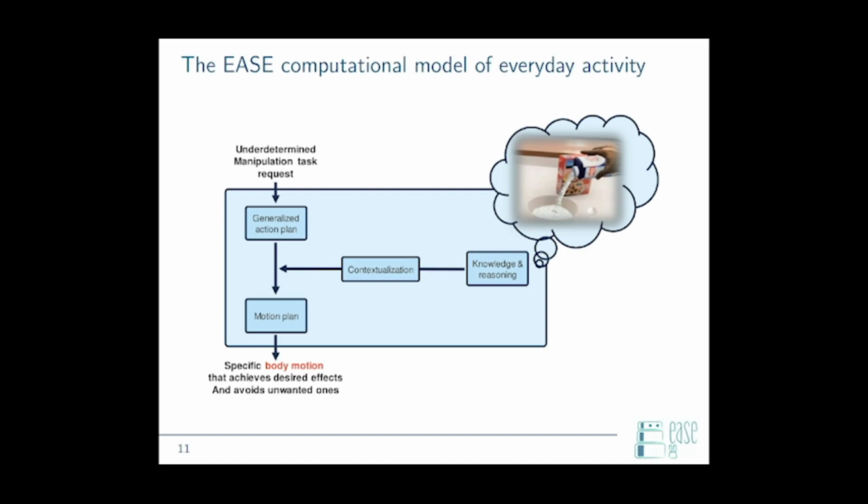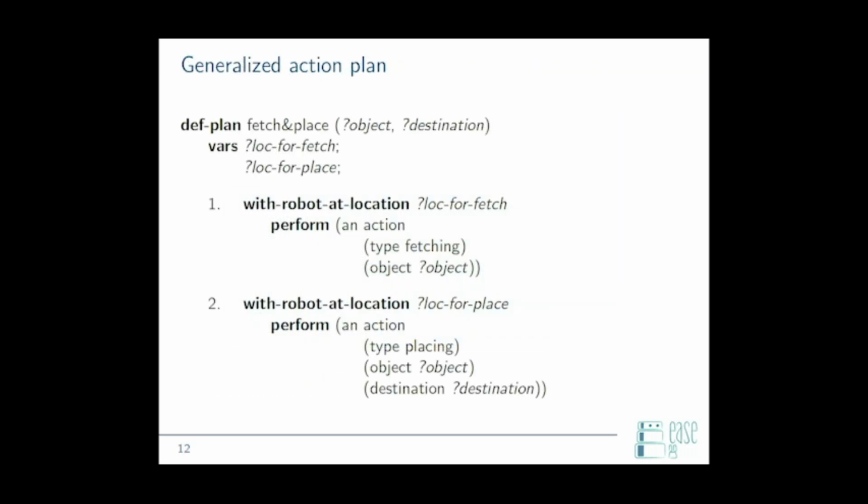So just briefly go through the components. So the generalized plan, in particular the one we have seen in the video, is very compact. It says fetching an object and putting it at a particular location. So the robot just has to be at the location where the object is and perform a fetching action on the object that should be fetched and placed.